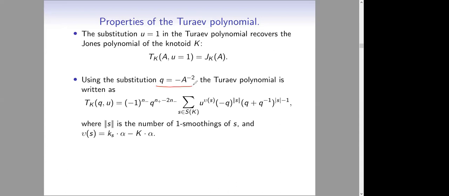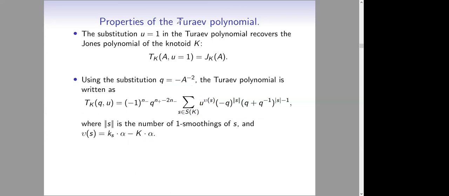If you write the Kauffman bracket or the Jones polynomial with the substitution, then it becomes easier to understand how to categorify this invariant. So with the substitution, you can rewrite the Trayer polynomial in this way. And this epsilon s is just the k s dot alpha minus k dot alpha.